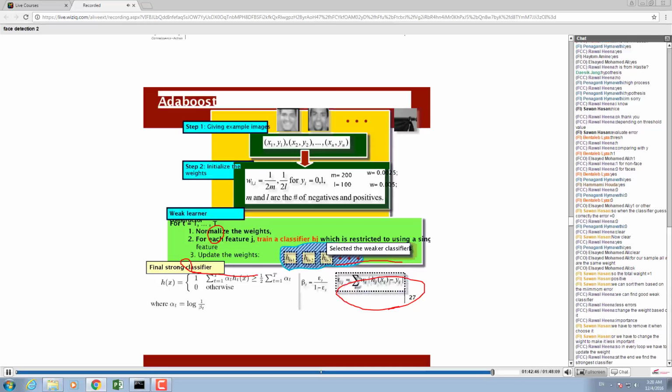So we set a large T, normally 2000. So we collect 2000 good weak classifiers out of 180,000.